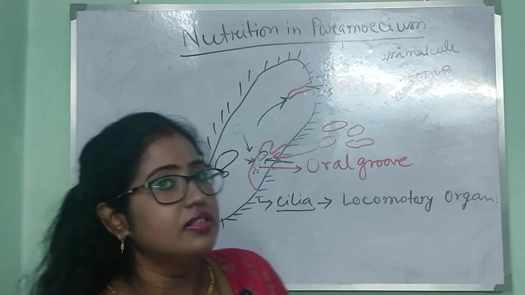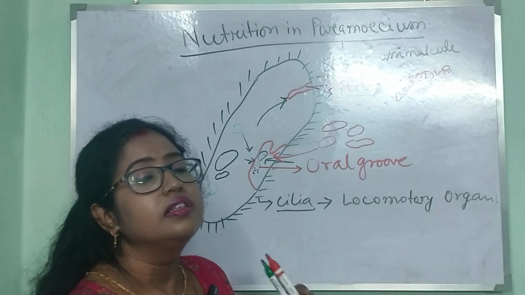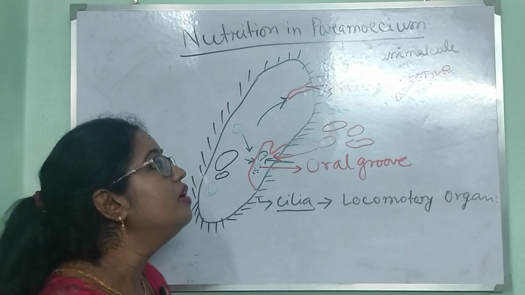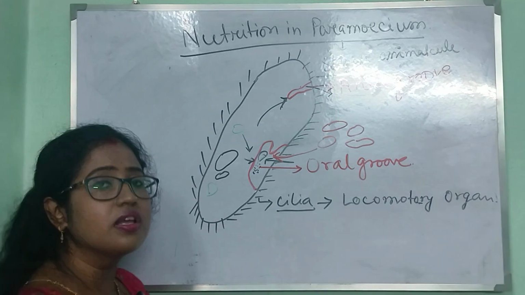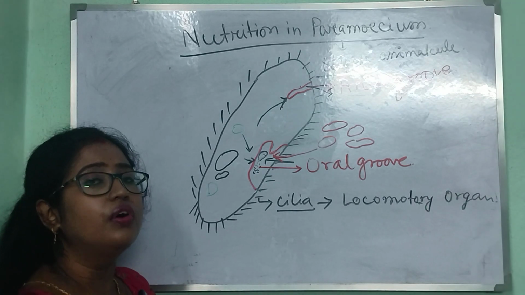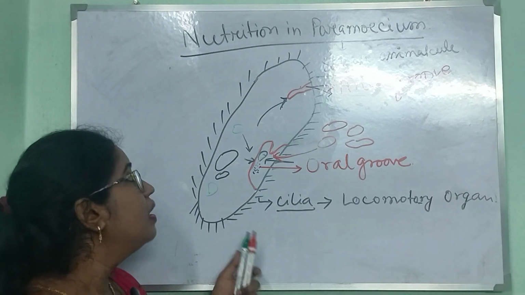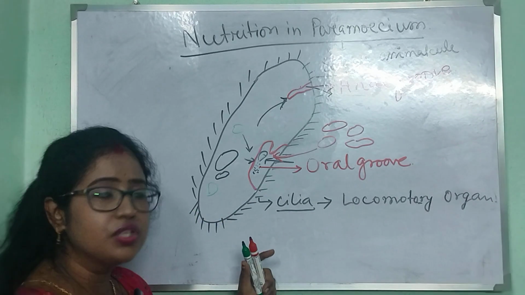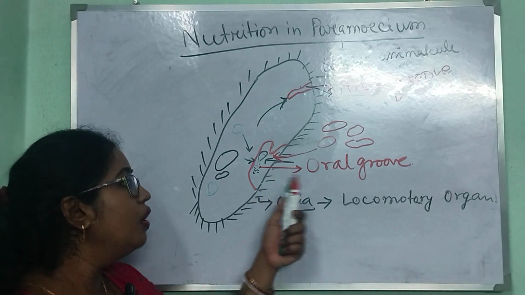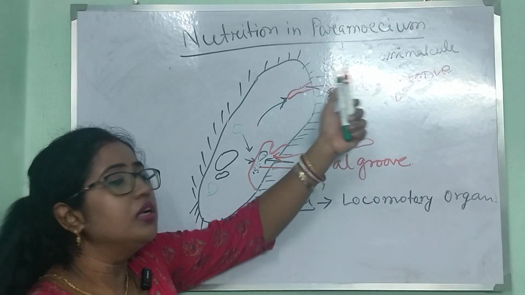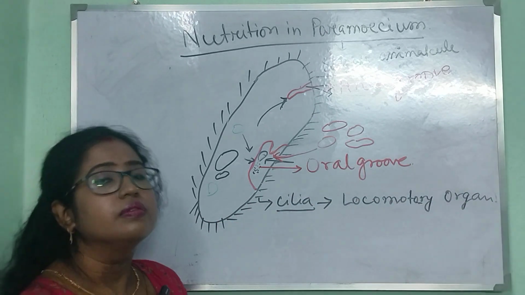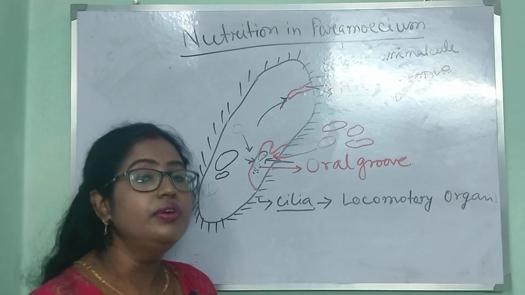The main difference is that the amoeba has no definite structure. It has pseudopodia for engulfing the food, but the Paramecium have definite structure and it has particular oral groove for ingestion of food and anal groove for egestion of the undigested food material.